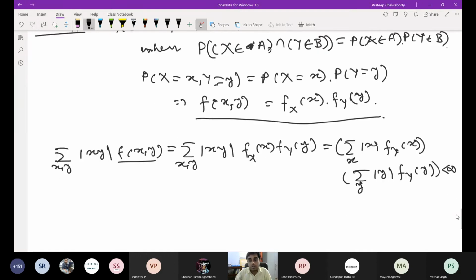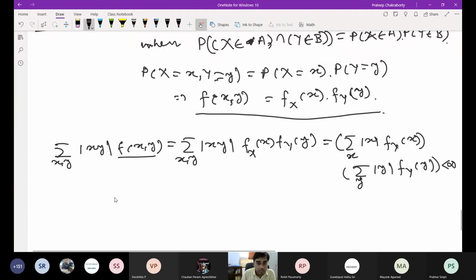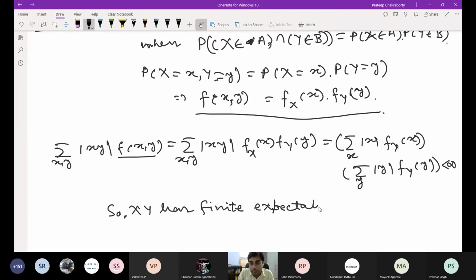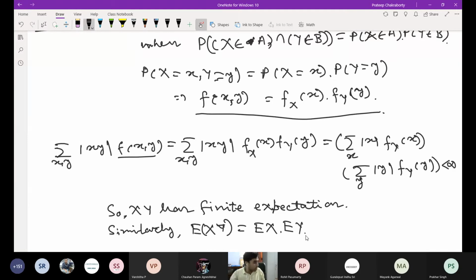So XY has finite expectation, and similarly you can prove that E of XY is equal to EX into EY. I am not proving this; it is an almost similar proof.